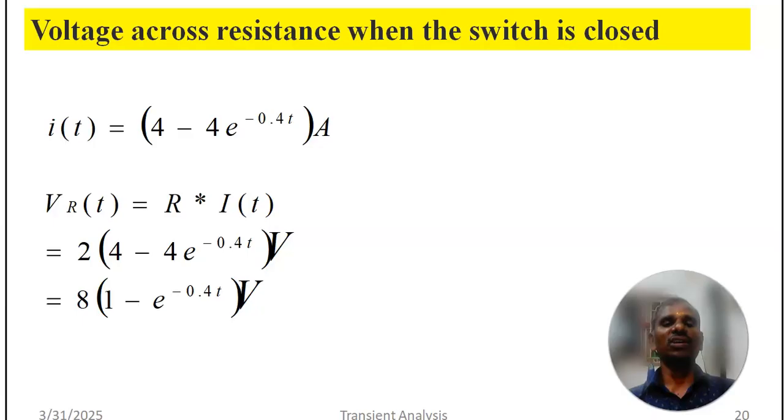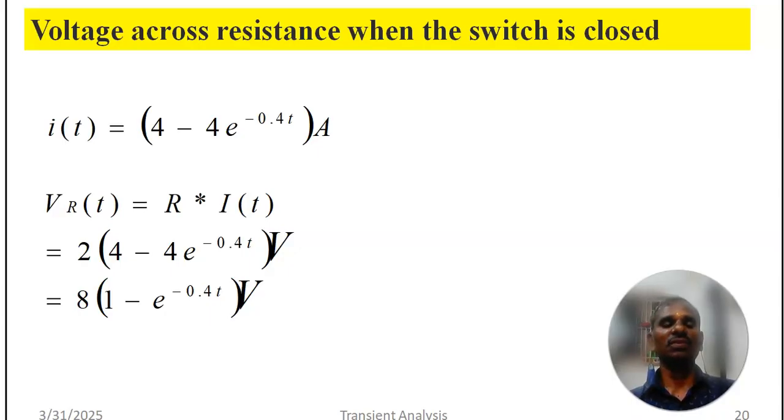You will see the voltage across the resistance when the switch is closed. So VR is equal to R into I of t, and your R is already 2. So in total it is 8 into 1 minus e power minus 0.4 into t.